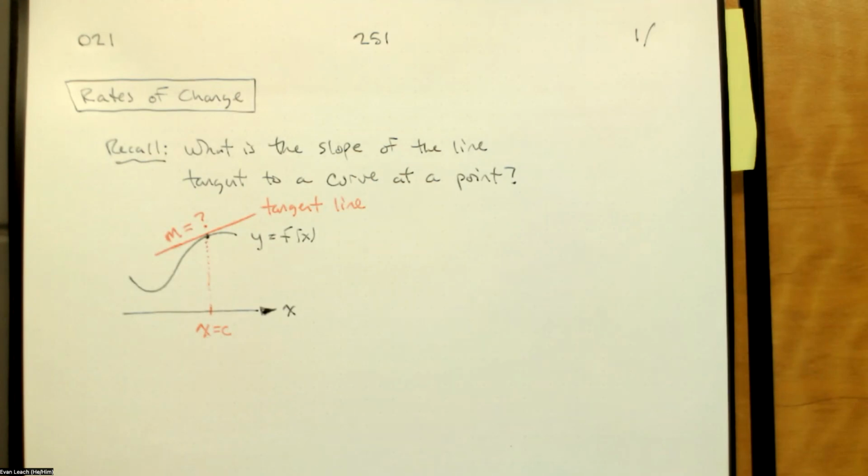Notice if I pick a different point on this curve, I will get a different tangent line. So this tangent line business is local to a point.